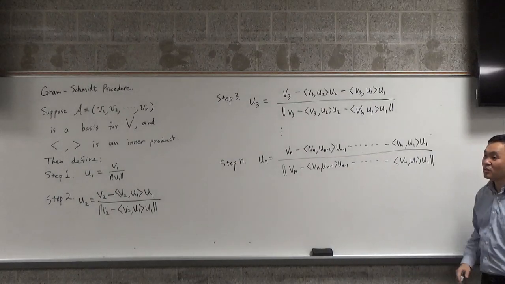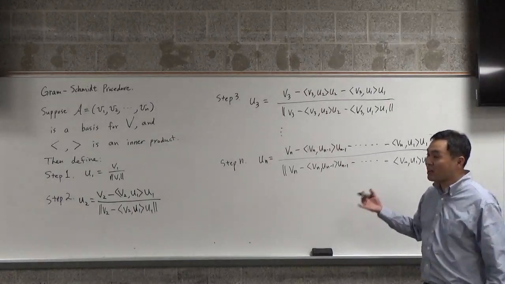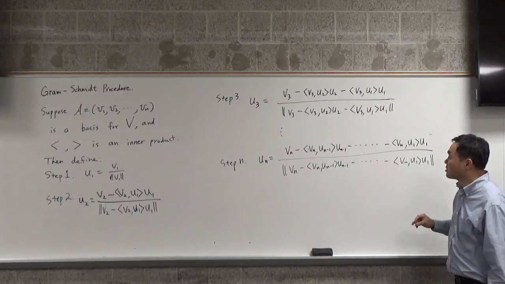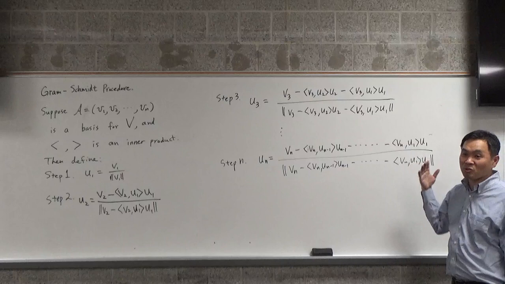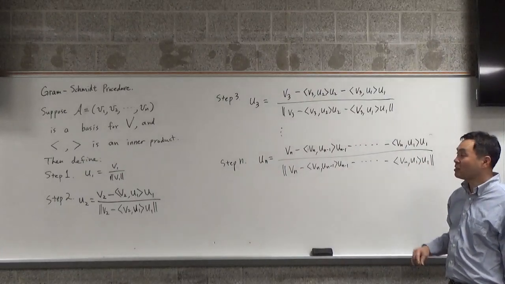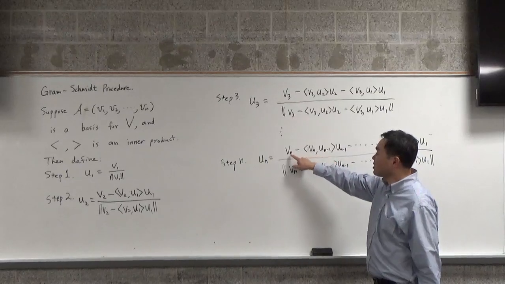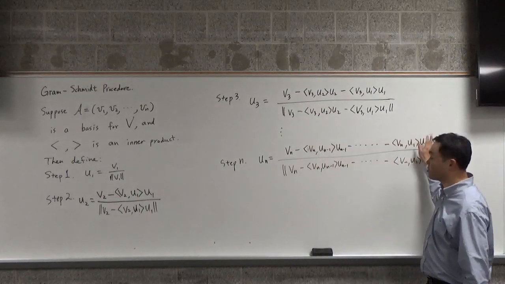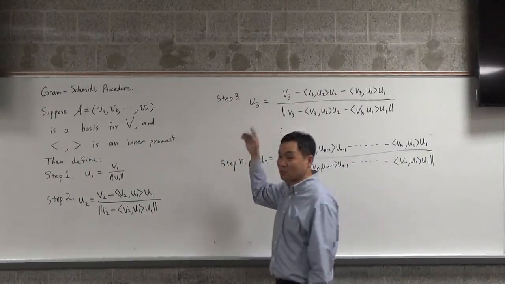If you do this, another point of concern is, what if the denominator is 0? Whenever you divide, you have to worry about that. But if any of these become 0, then you're saying that vn is a linear combination of the previous ones, and those are already linear combinations of the previous vectors.